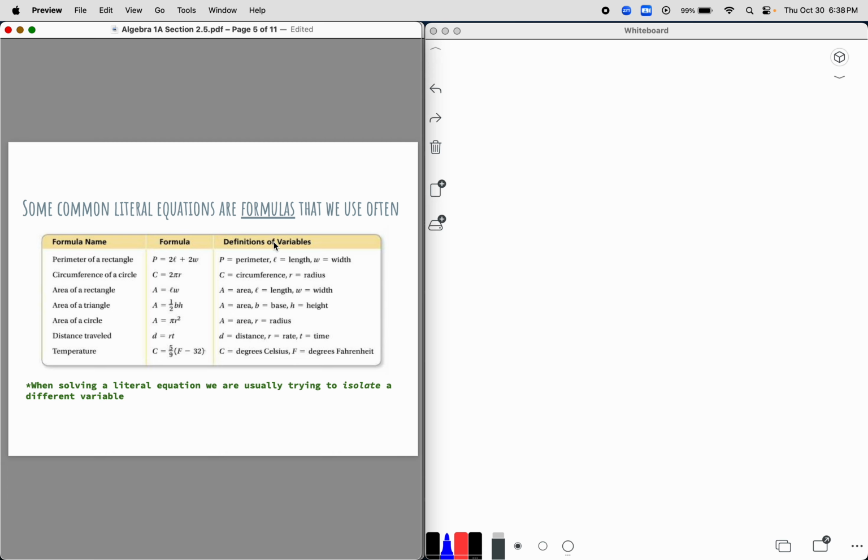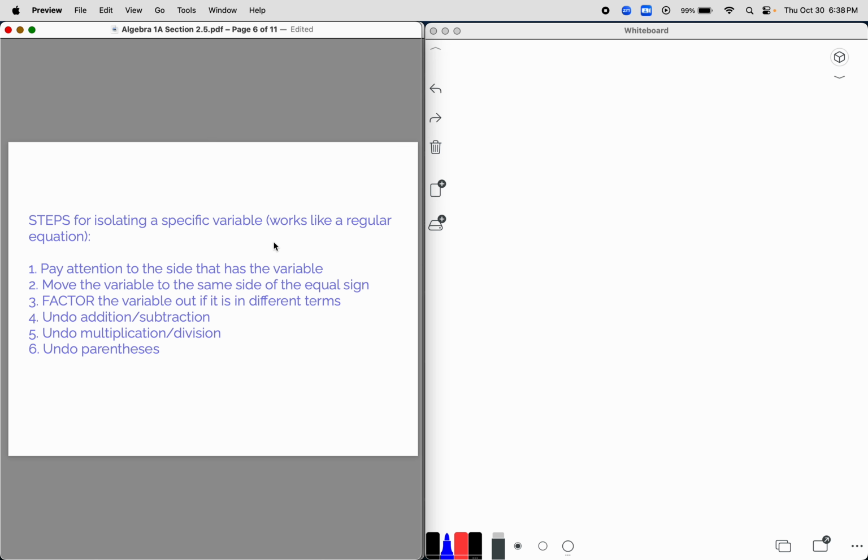Area of a circle, A equals pi r squared, pi times the radius squared. Distance traveled, D equals RT, distance equals rate times time. And then temperature, turning Fahrenheit to Celsius: C equals 5/9 times the difference of F and 32. Some very classic examples.